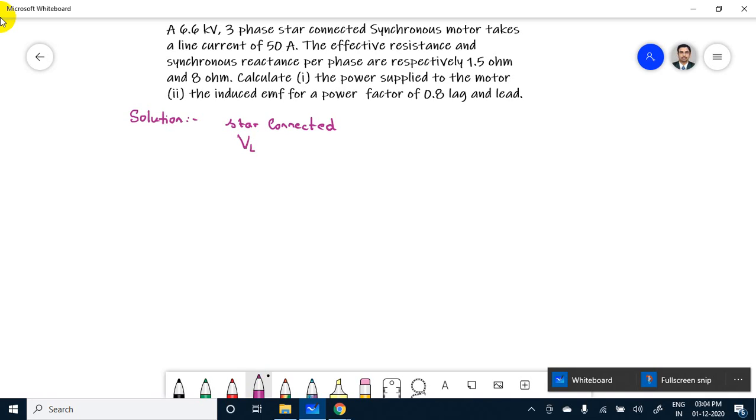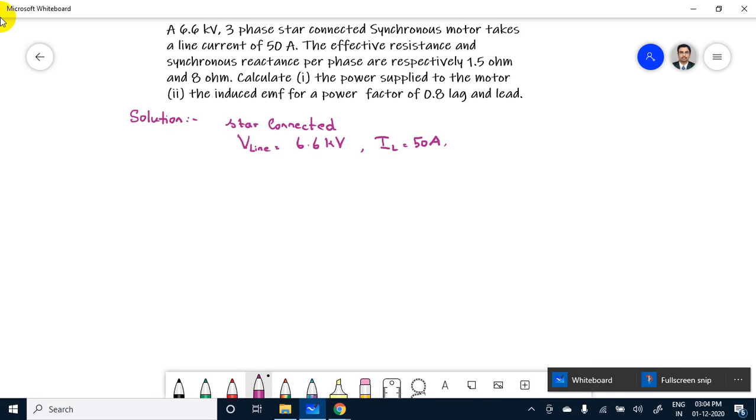V line equal to 6.6 kilovolt. Then line current IL equal to 50 ampere.